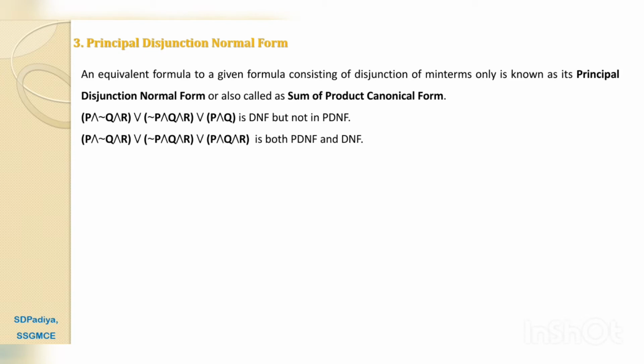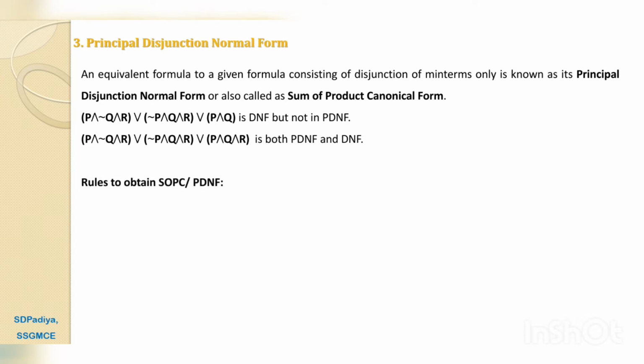In the second elementary product term all 3 factors are available, and in the third elementary product term all 3 factors are available. That's why now we can consider this statement formula as a PDNF. Means this statement formula is both the DNF and PDNF. From this example we can see that every PDNF must first be a DNF.